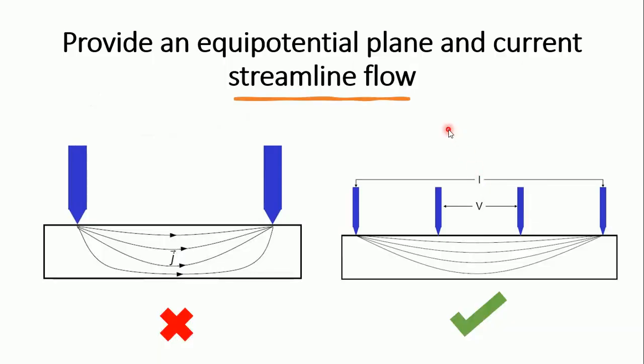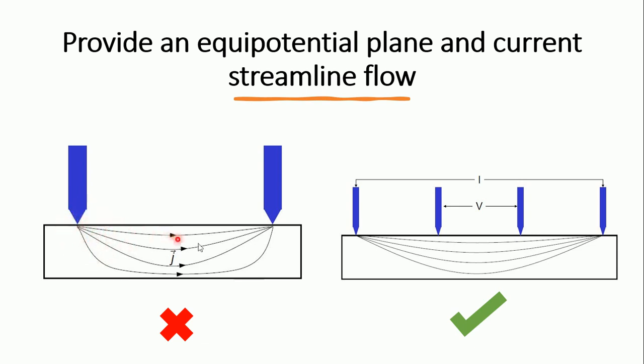How does the 4 probe method provide an equipotential plane? As you can see in the 2 probe diagram, the currents spread from a point contact, and where we are measuring the voltage, the density of the lines of force is not equal.